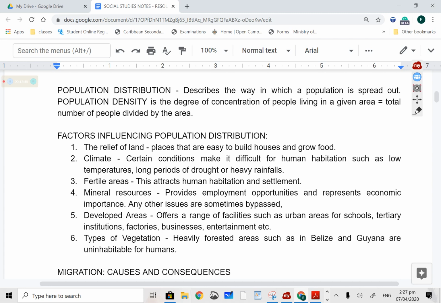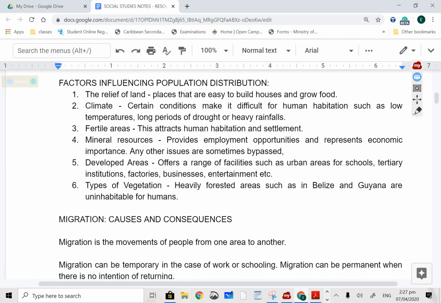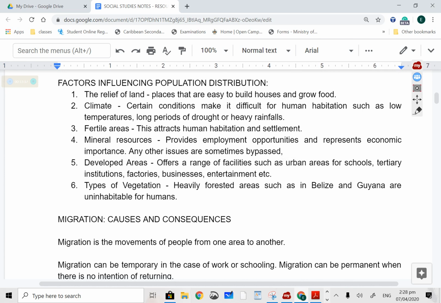So you can stop this tutorial at any point, because this is basically a note and you can write it down, so you can hear me explaining it, but at the same time have it as a permanent note in your book to refer to.